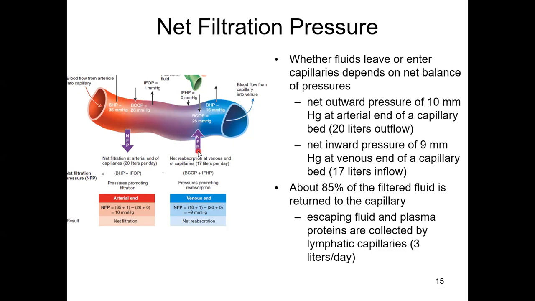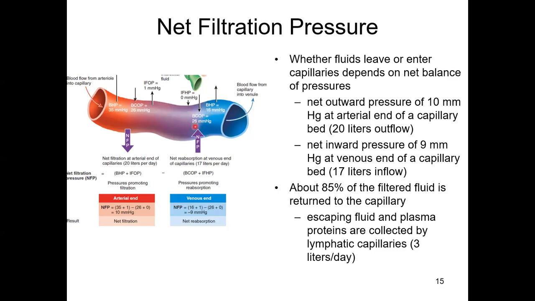How are we going to get that 4 gallons of fluid back into the venules? On the venous end of the capillary, blood hydrostatic pressure drops. Blood colloid osmotic pressure stays the same as before. So now the balance of these two forces is tilted towards the blood colloid osmotic pressure.